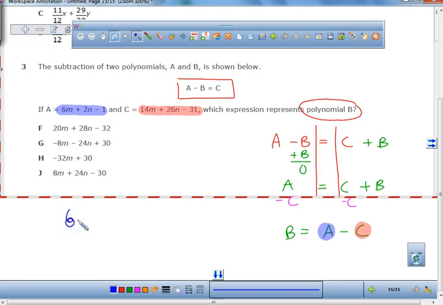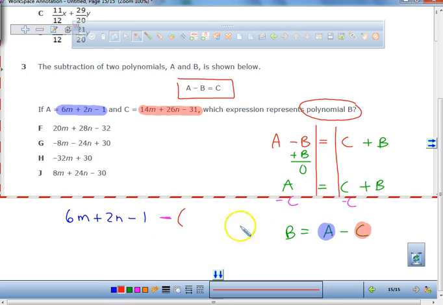Take A, which is what? 6n plus 2n minus 1. And you're going to take away all of C. What is C equal to? 14n plus 26n minus 31.